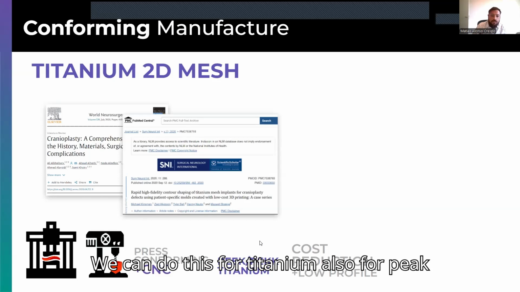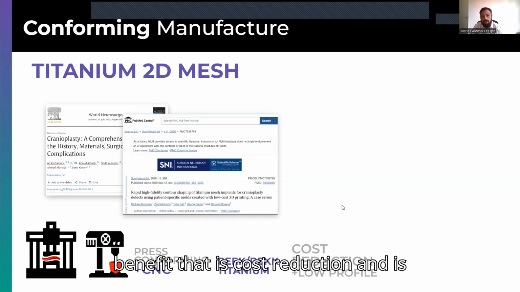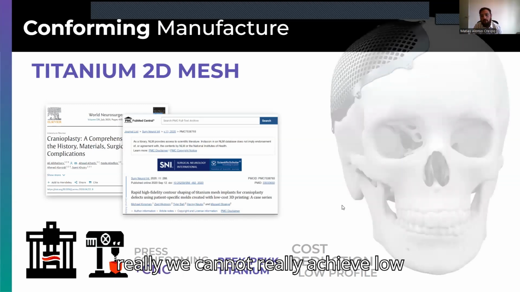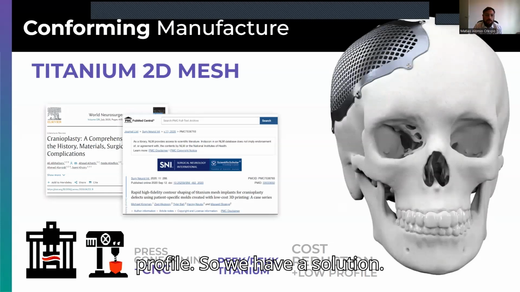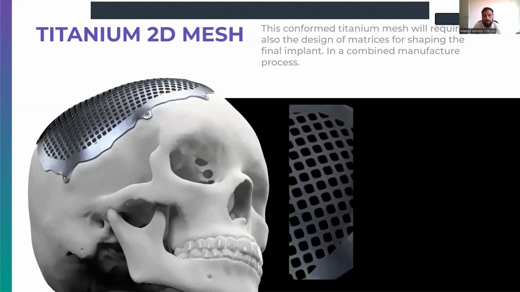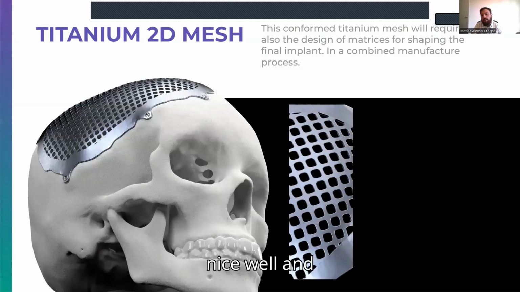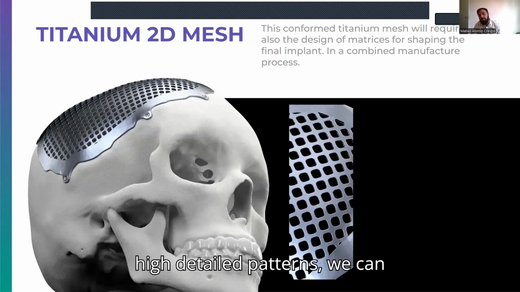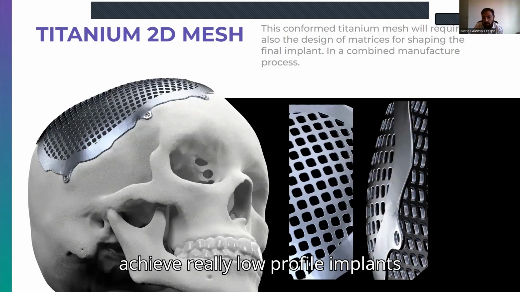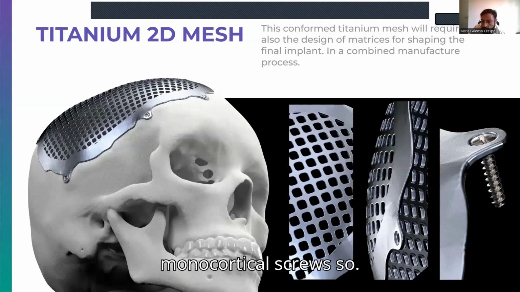We can do this for titanium, also for PEEK, and it has a benefit that is cost reduction, and we can really achieve low profile. So we have a solution. In this process, we can achieve really nice, well, high detailed patterns. We can achieve really low profile implants, and we can work with perpendicular monocortical screws.